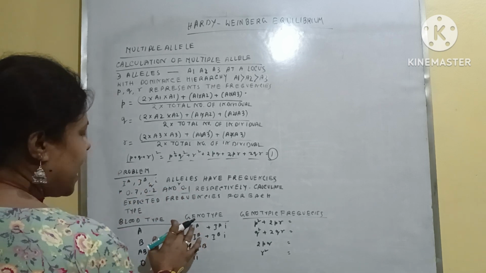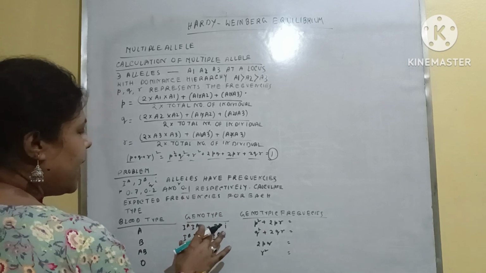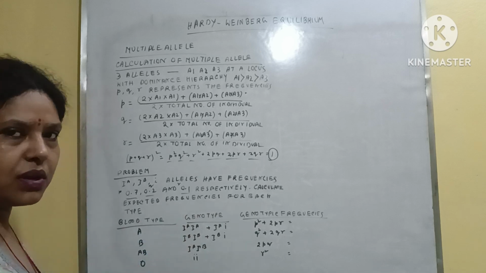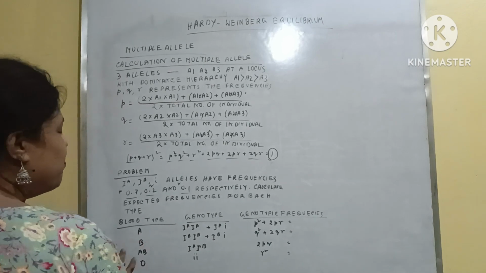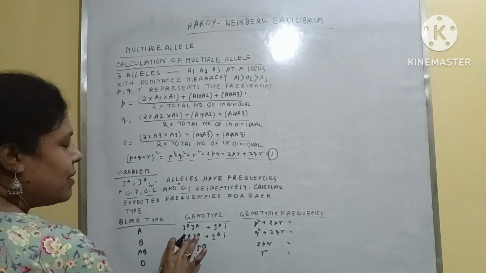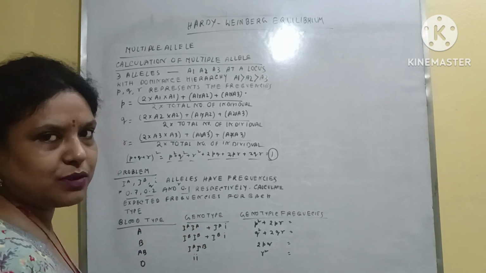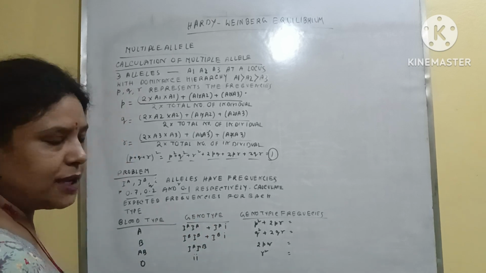So here for IA, there is a chance of IA IA and IA small i, so I have to add this. Sorry, you just ignore the sound. And in case of B, that means IB IB is possible and IB small i is possible. So you have to calculate IB IB plus IB small i.